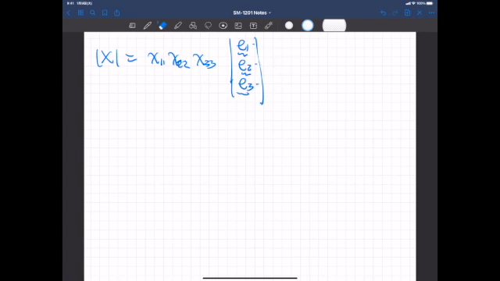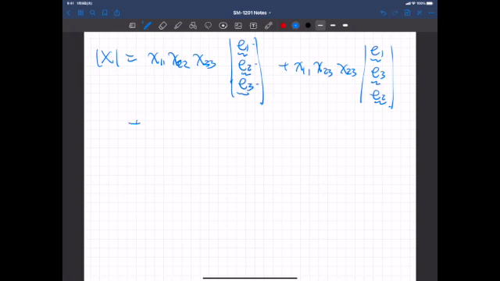And plus x11, x23, x32 times the determinant of e1, e3, e2. And now you know what? We will have all possible permutations of three numbers.